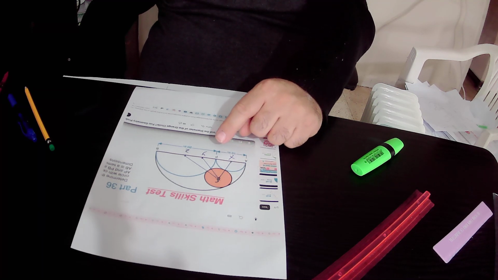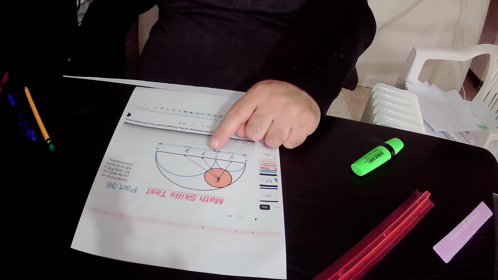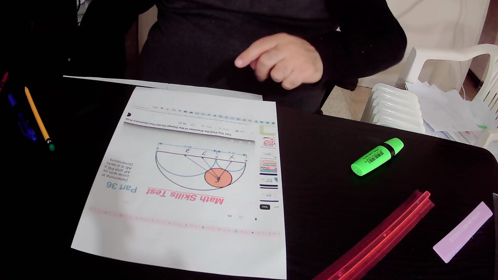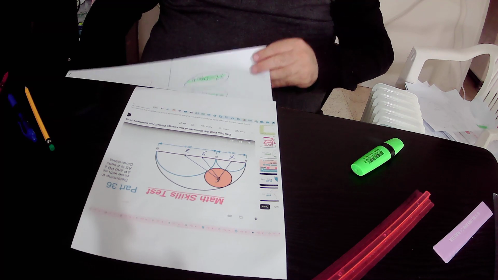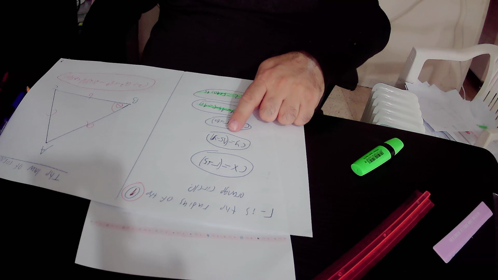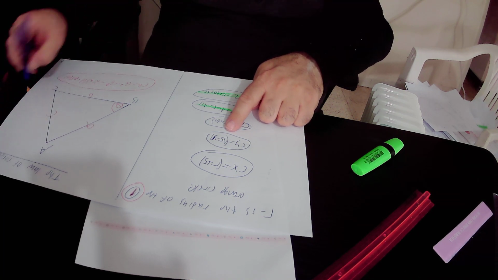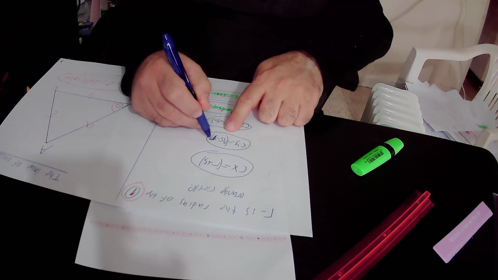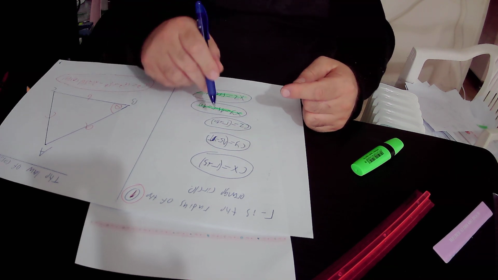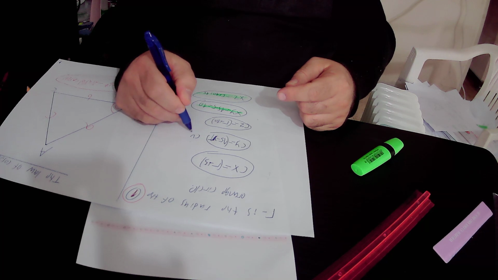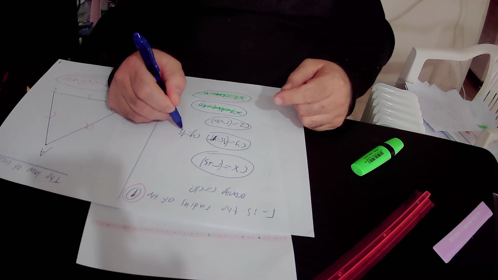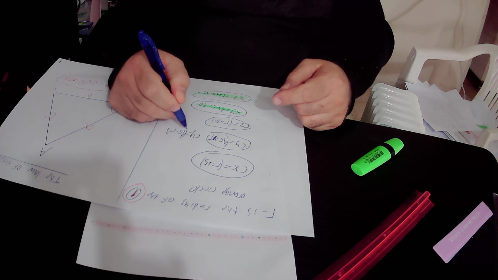That is to say, it will be equal to the radius of the biggest semicircle, that is 15, minus the radius of the orange circle, that is r. In conclusion, we found out that CY equals 15 minus r.